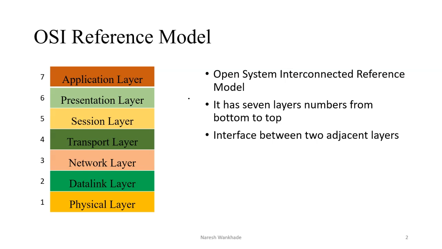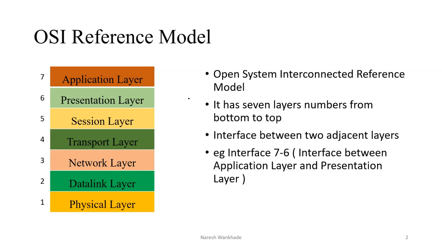And there is interface between two adjacent layers. There is interface 7/6, that is interface between application layer and the presentation layer. There is interface between presentation layer and session layer, that is interface 6/5.